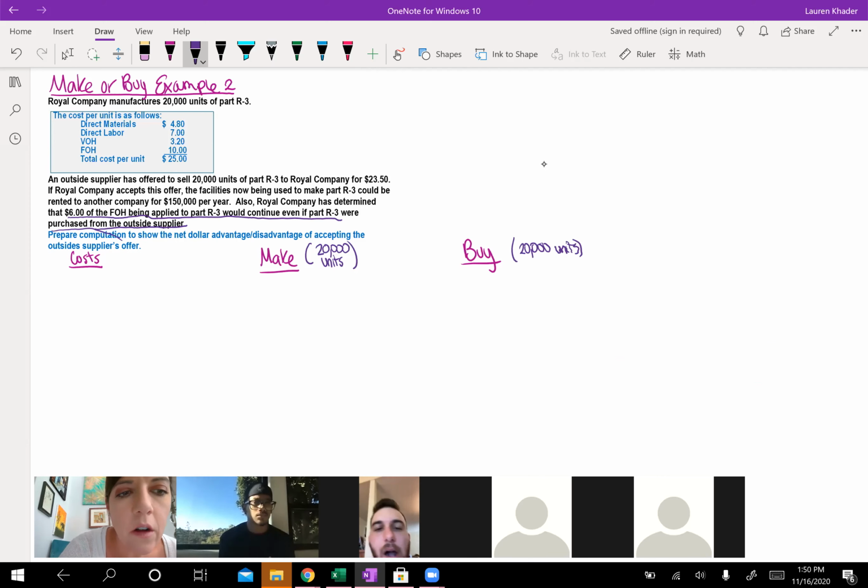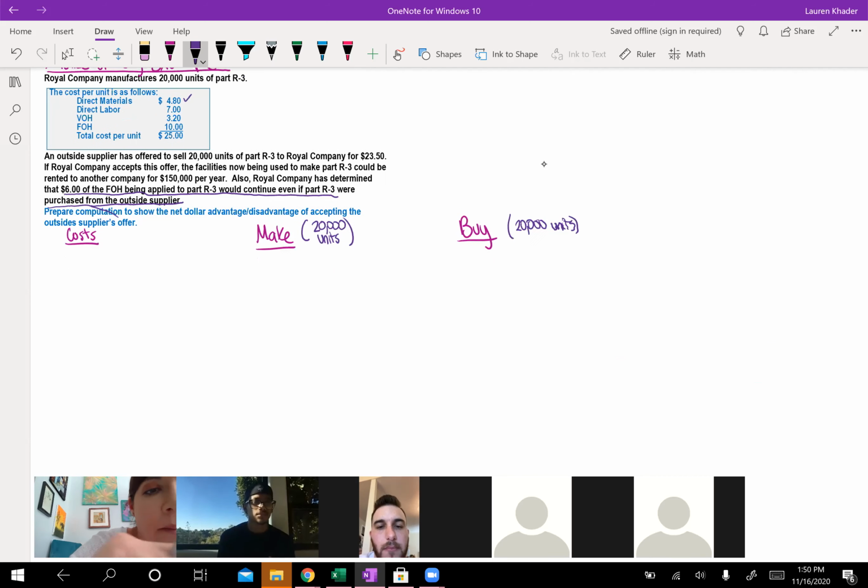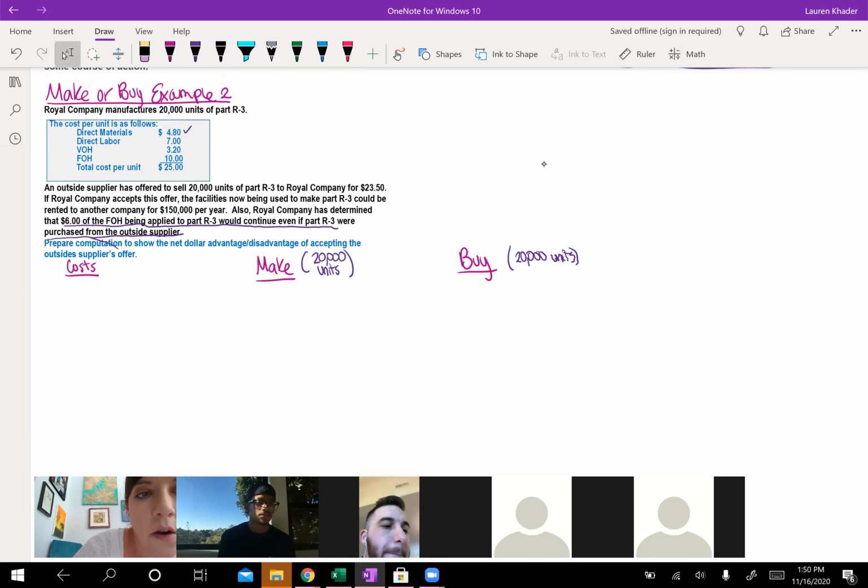Are direct material costs relevant? Yes, you're going to incur it if you make, you won't incur it if you buy. Direct labor costs. Relevant, right? You're going to incur it to make, not to buy. Variable overhead. Relevant. You'll incur it to make, but not to buy.